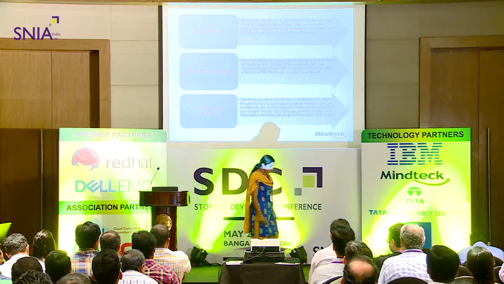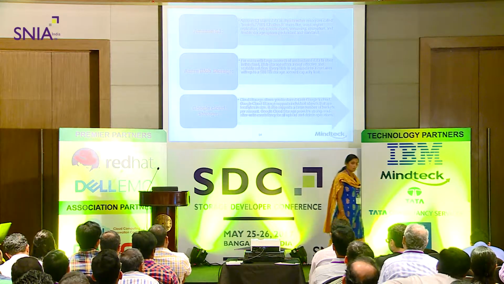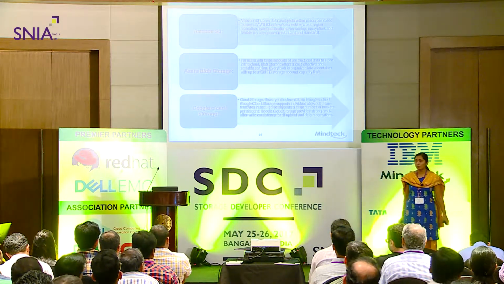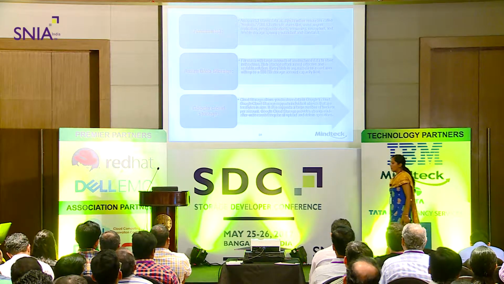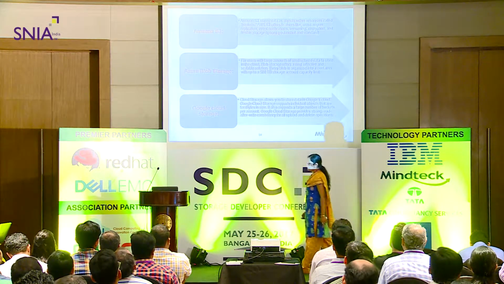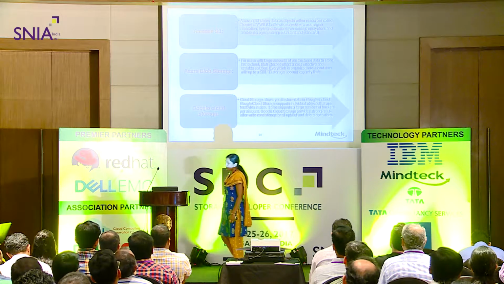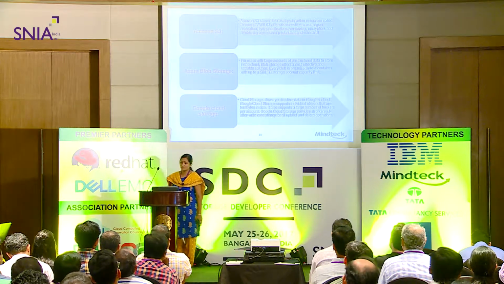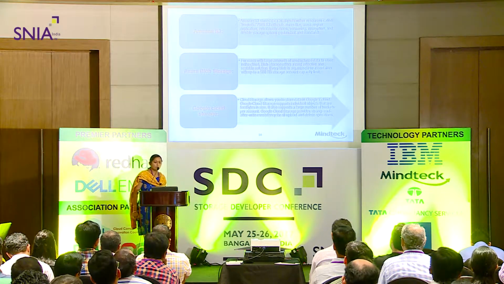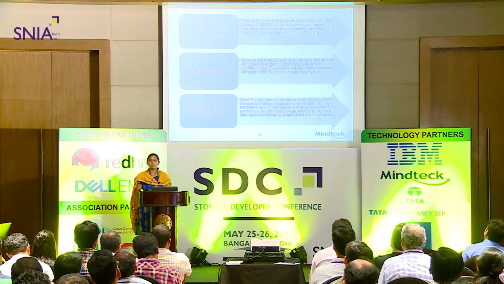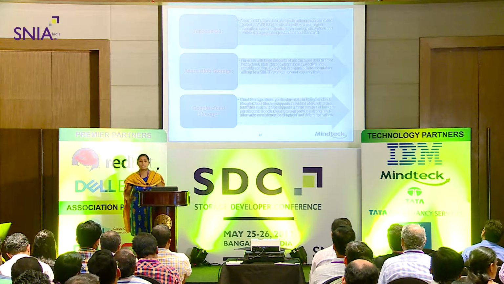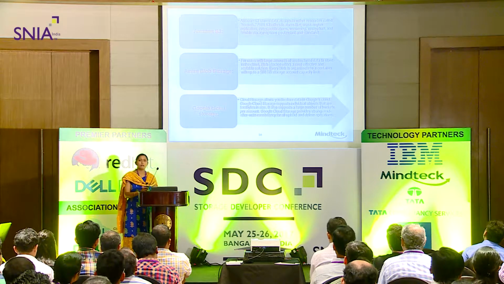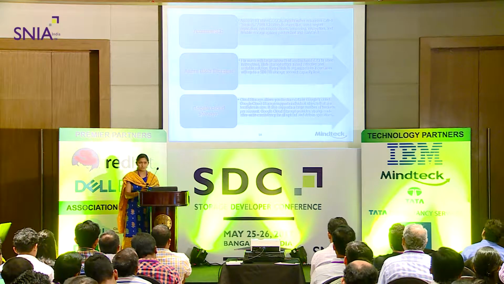So object storage is already there in the market, and we know many companies have opted for it. For example, I have provided a few of the object storage options here. One is Amazon S3. Here, the data is stored in the form of objects, and they go into buckets.